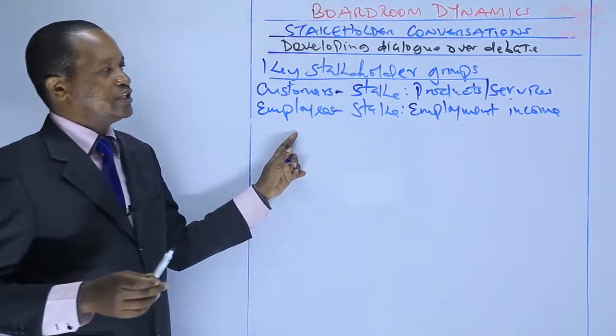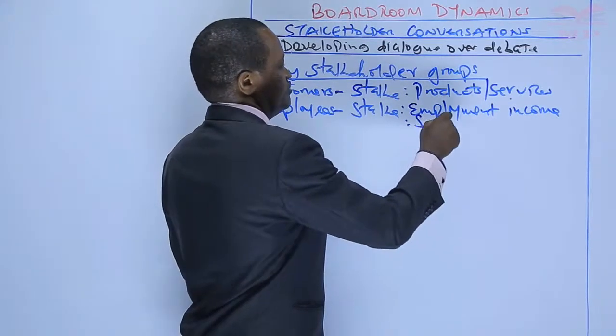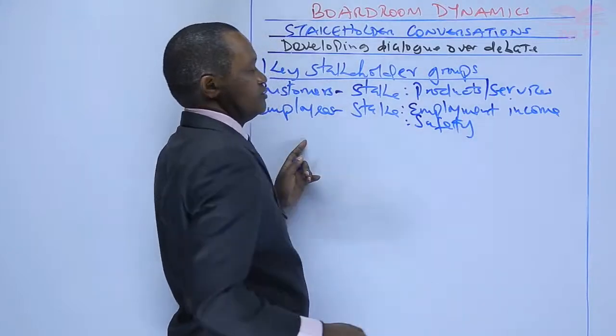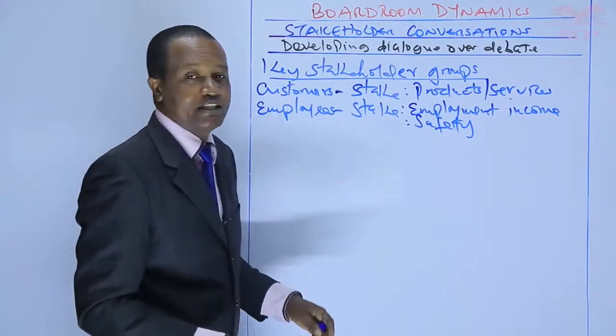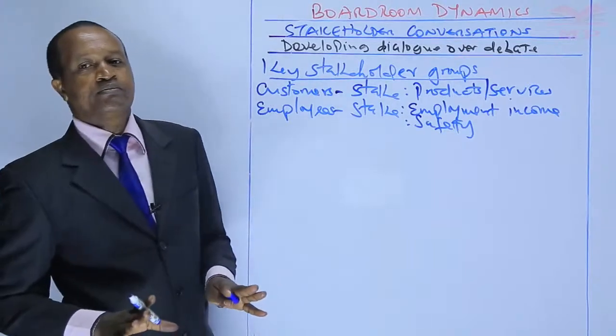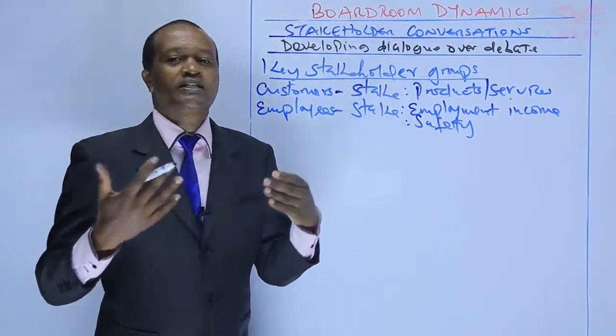Employees are also interested in safety. Employee safety. Employees would want to work in a place that is secure. So employment income and safety.